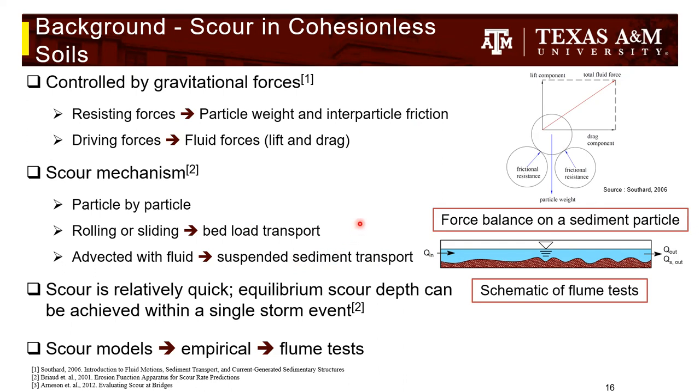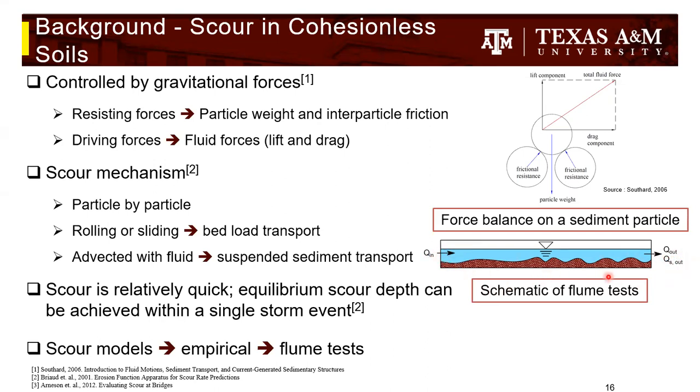And that is why many of those models have been working in the past, and they have tried to establish scour in different soil or material types based on the laboratory flume test. This is a schematic of the laboratory flume test, where you have one large flume with some materials, and you force some water flow from one end, and it discharges out from the other end.